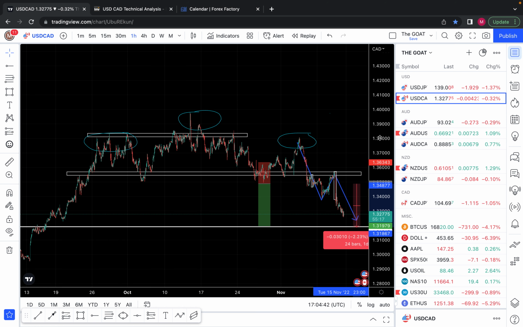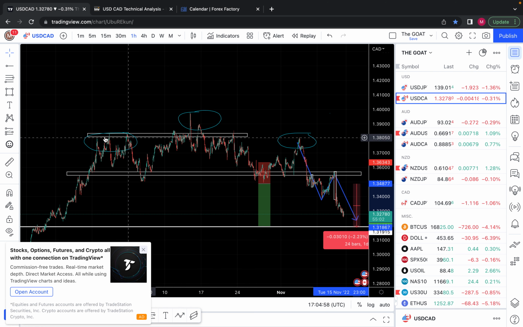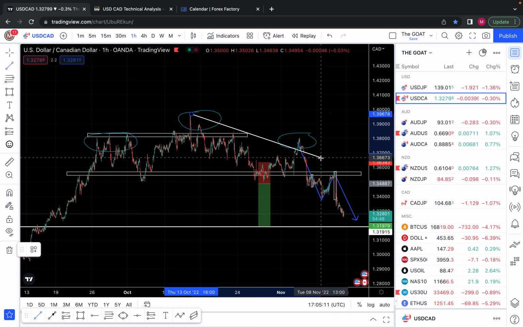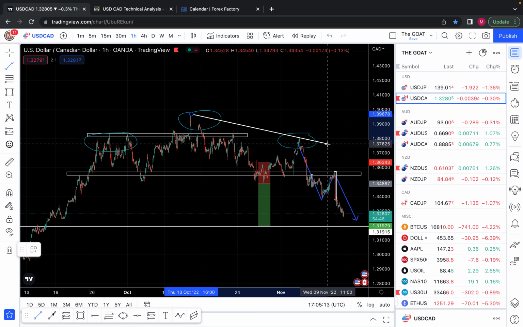And at the time, I really didn't notice that it was a head and shoulders pattern. I just saw that below, so it came up here, couldn't break the zone, and then broke all these highs right here, then came down, created a lower high, and when you start to see that, you put a little trend line, it's obviously going down.